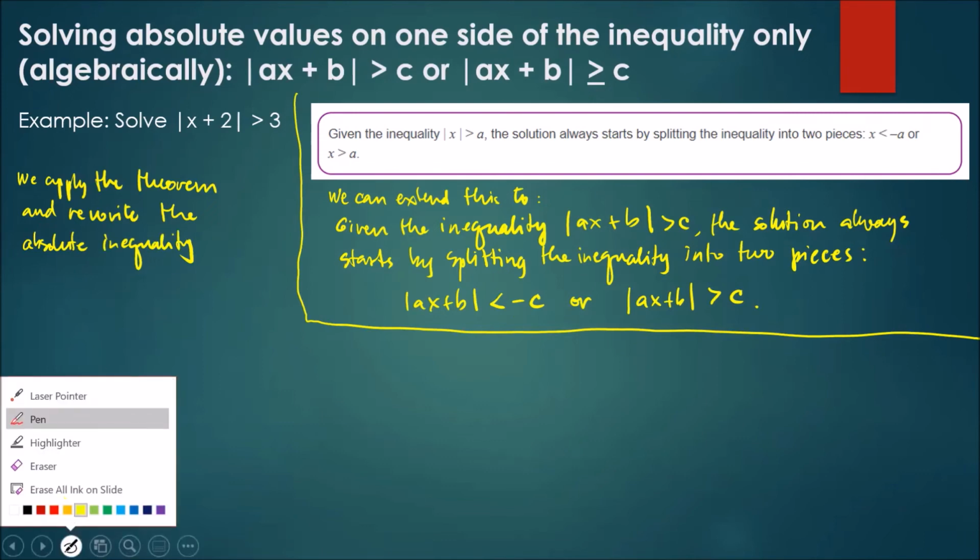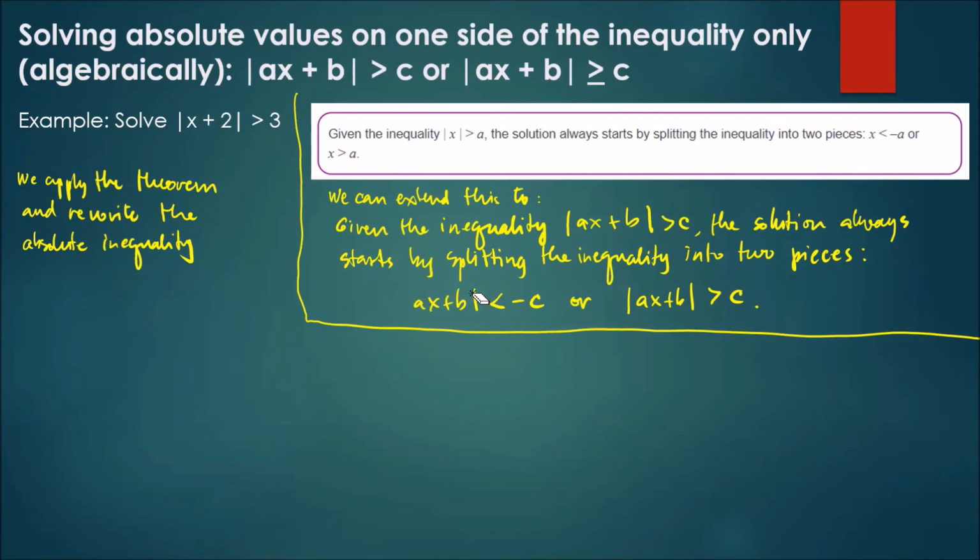Oh, by the way, I'm sorry, there should be no more absolute value here. Okay.